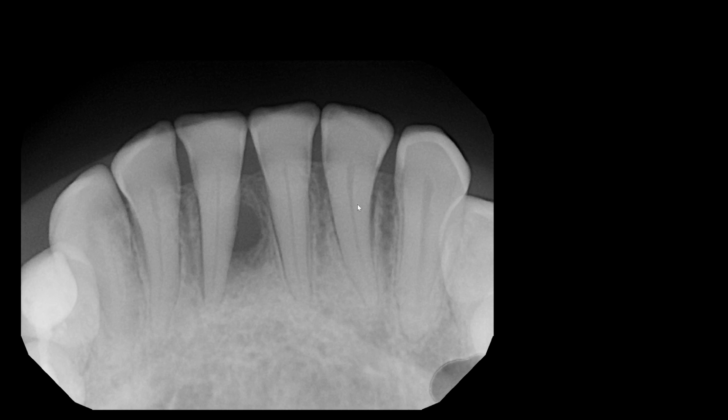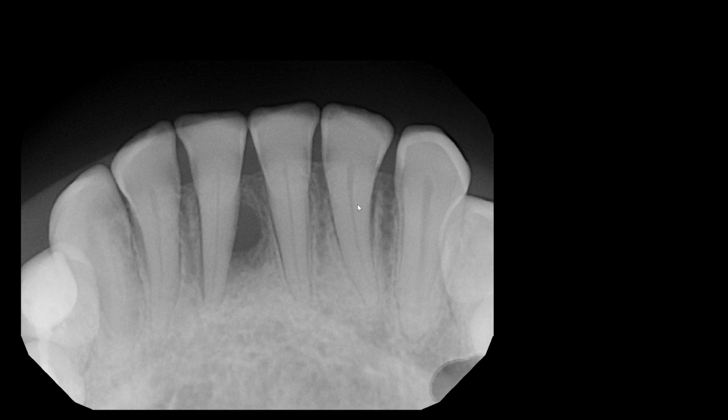You have to determine whether it's well-defined or ill-defined, is it corticated or non-corticated, does it scallop around the apices, is it expansile, what's its behavior on adjacent structures. In this case, I think it's hard to argue that there's a root resorption. Maybe I said it the other way. I don't see any evidence of root resorption in this case.